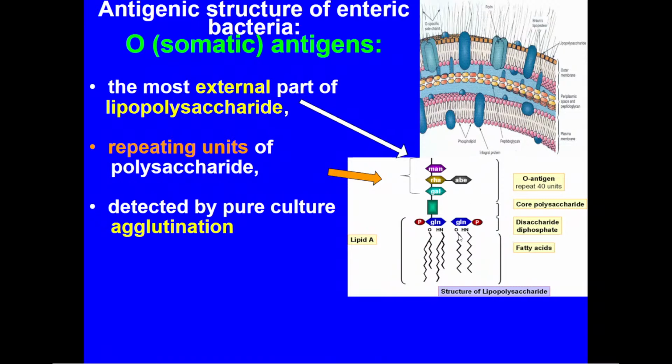Again, see, this is the lipid A, this is the core polysaccharide, and this is the somatic antigen made up of around 40 repeated carbohydrate subunits, the side chains of the polysaccharide.